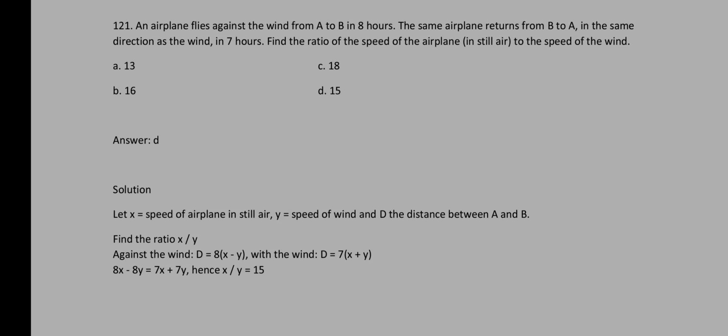Solution: let X be the speed of the airplane in still air, Y the speed of the wind, and D the distance between A and B. Find the ratio X over Y. Against the wind, D is 8 times the quantity X minus Y. With the wind, D is 7 times the quantity X plus Y. So, 8X minus 8Y is equal to 7X plus 7Y.